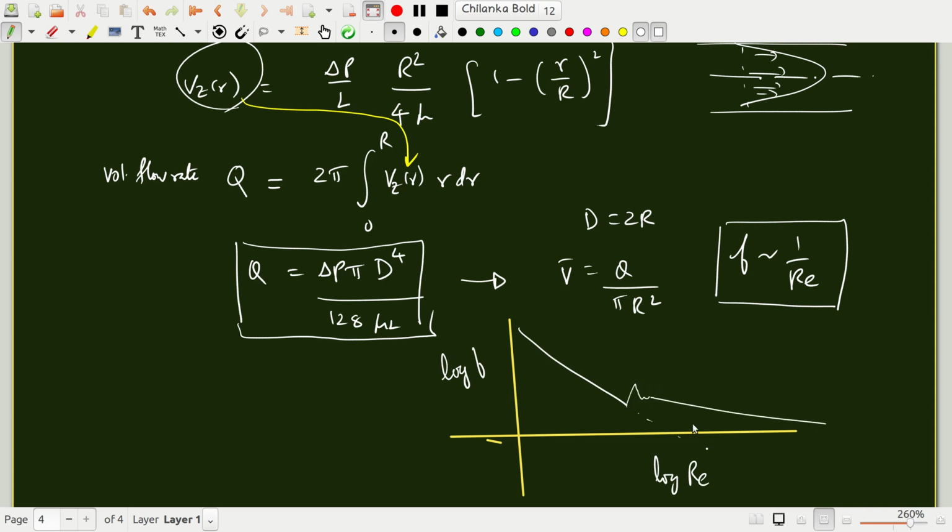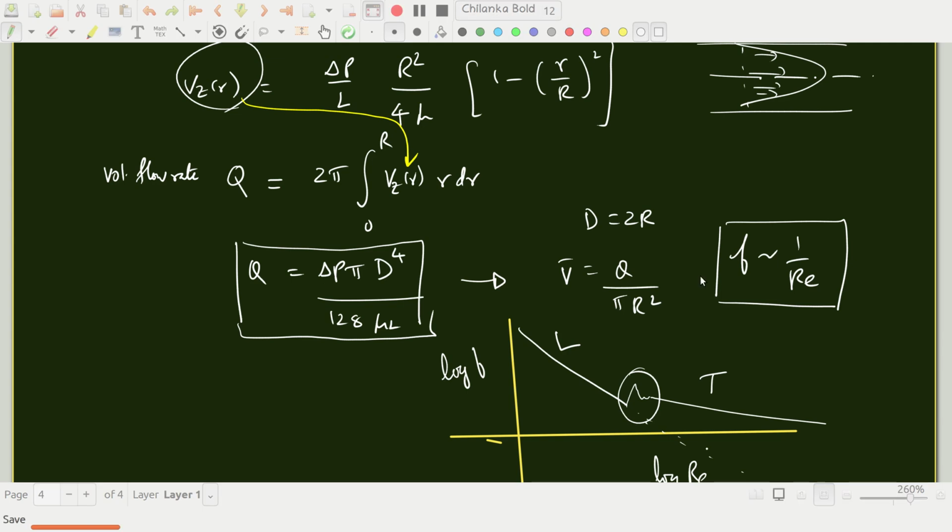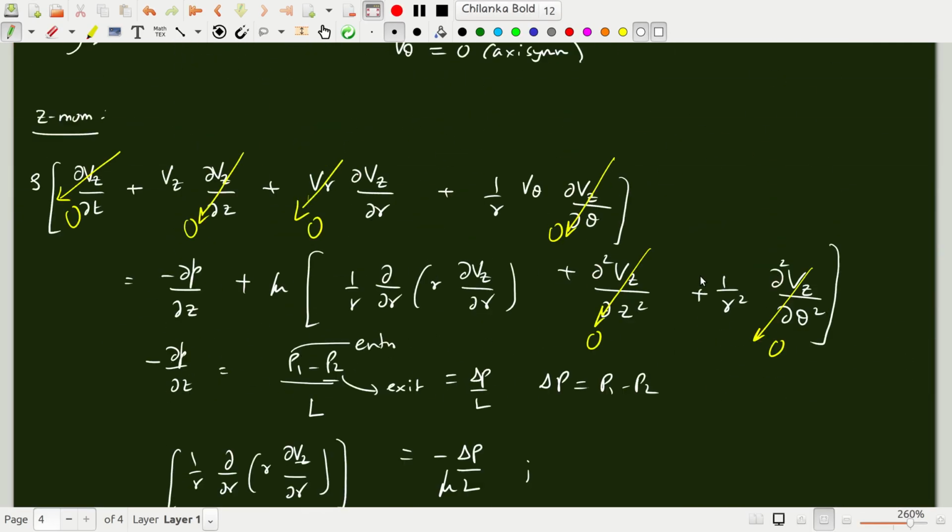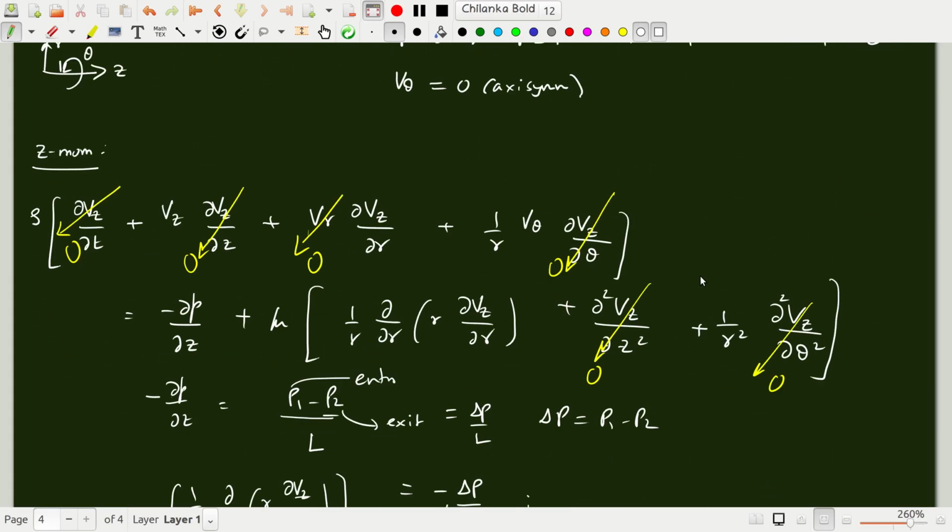But after that the flow undergoes a transition from laminar flow to turbulence, so the friction factor is not given by this expression. So this tells you what the key issues are in understanding turbulent flows, and how we are able to derive simple solutions in laminar flows.